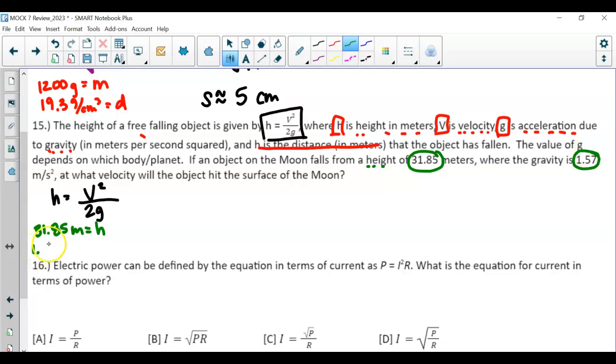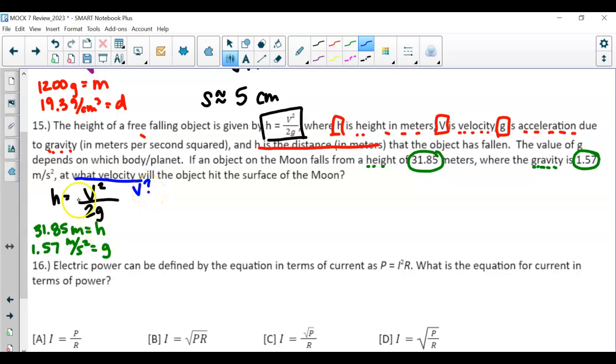So what does this 1.57 represent? Well, this represents the acceleration due to gravity, so this is G. At what velocity will the object hit the surface of the moon? So we are looking for V, velocity.